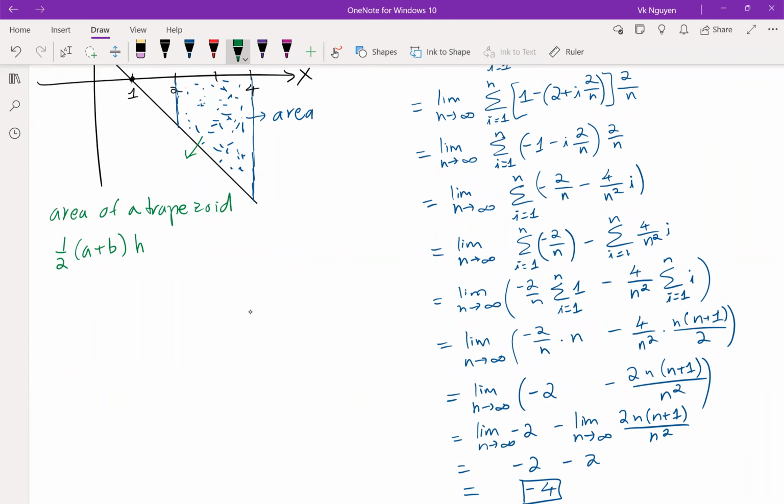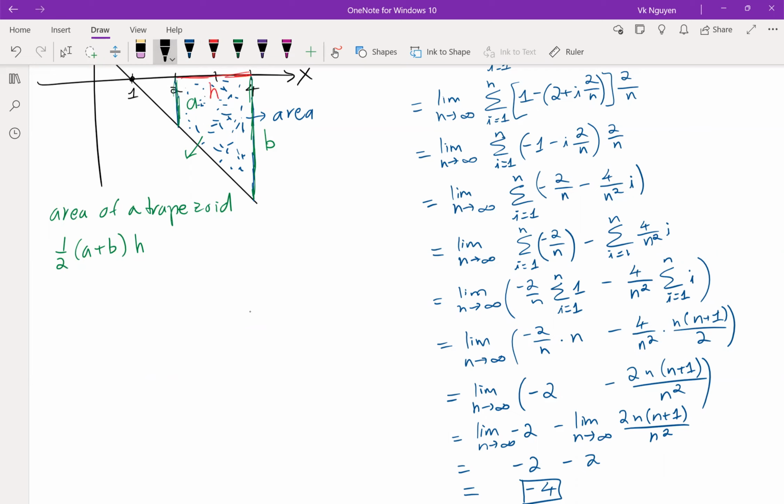On one side we have a, this is a right here, and this is b. h is going to be the height. This is h.